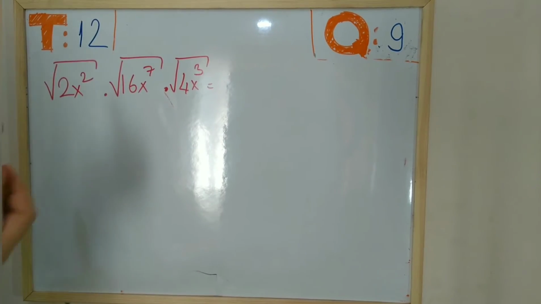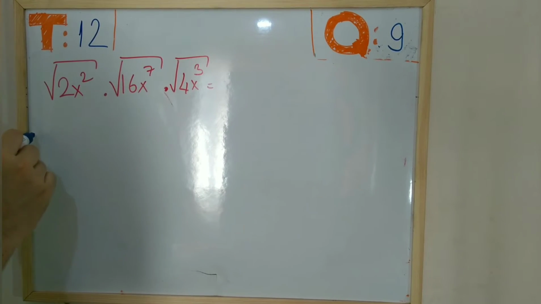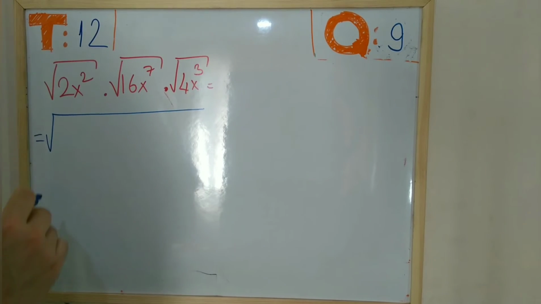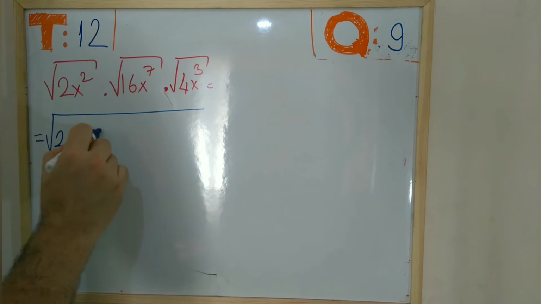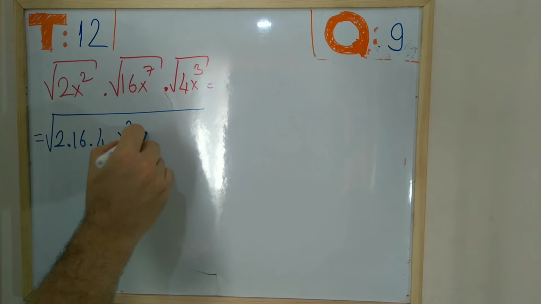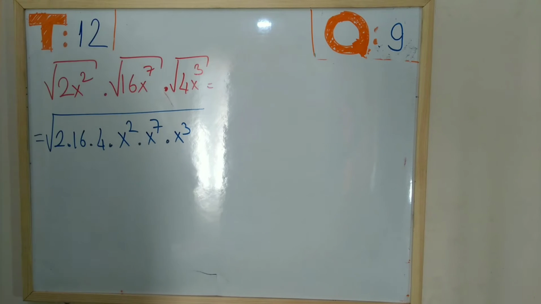In this question, since the degrees of the roots are equal to each other, we can take the equation into one huge root. So we can say that 2 times 16 times 4 times x squared times x to the 7 times x cubed. So this is going to be equal to square root of 2 to the power 1 here we have.